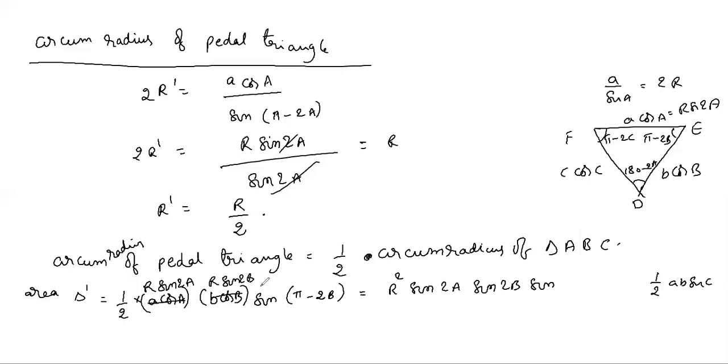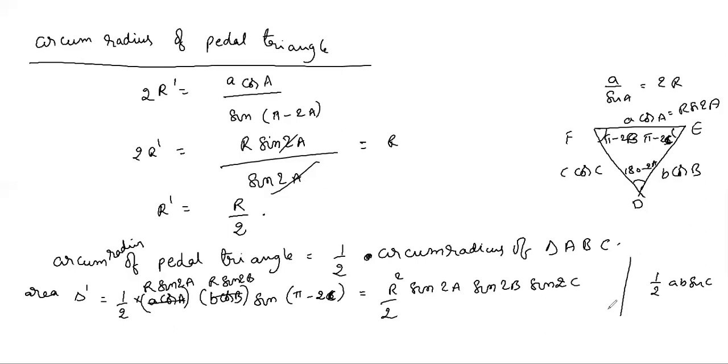We are taking the two sides A cos A and B cos B. I think we wrote it the wrong way: this angle is pi minus 2C. So sin 2A, sin 2B, sin 2C by 2, that is R square by 2 into sin 2A, sin 2B, sin 2C.